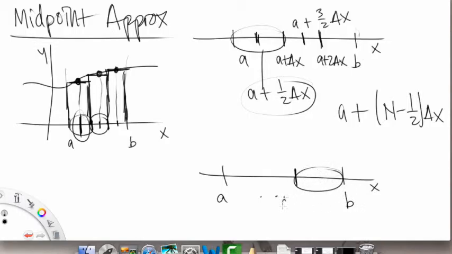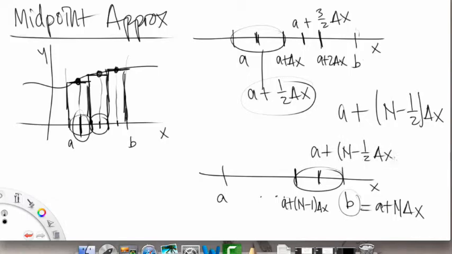So this is A plus n minus 1 delta x, and this one here is equal to A plus n times delta x. This point is not n minus 1 or n. It's going to be A plus n minus 1/2 of that delta x there, because this is like a 1/2 delta x.